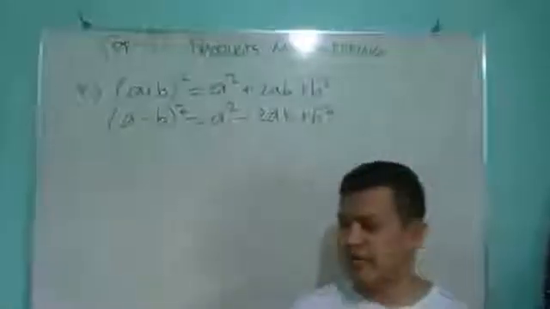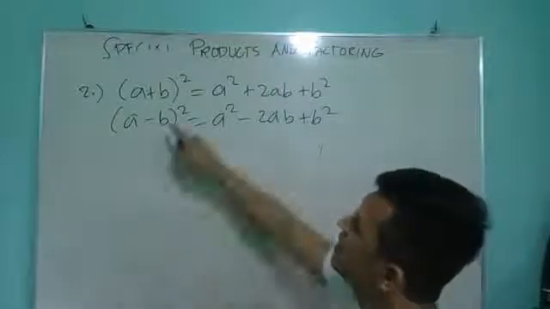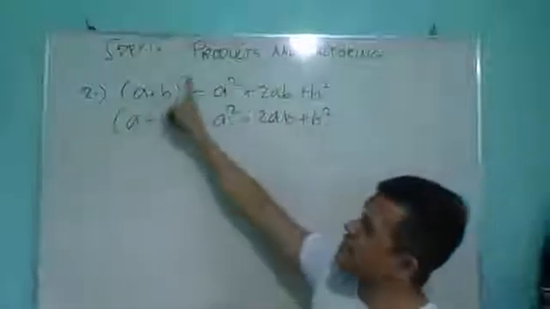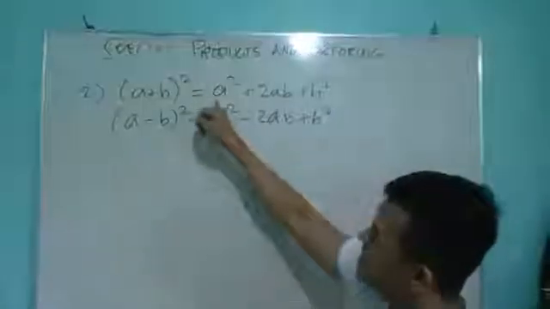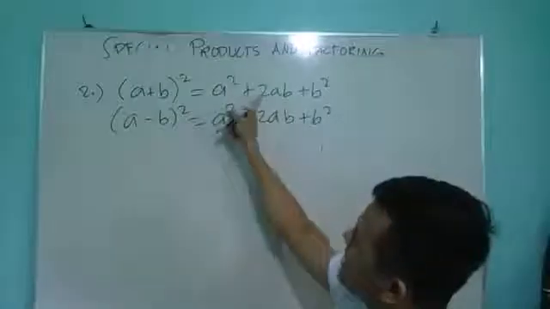Okay, second rule. As you can see, we have the plus and the minus. If you see this kind of expression, you can just do the opposite. Anyway, why is it like this?